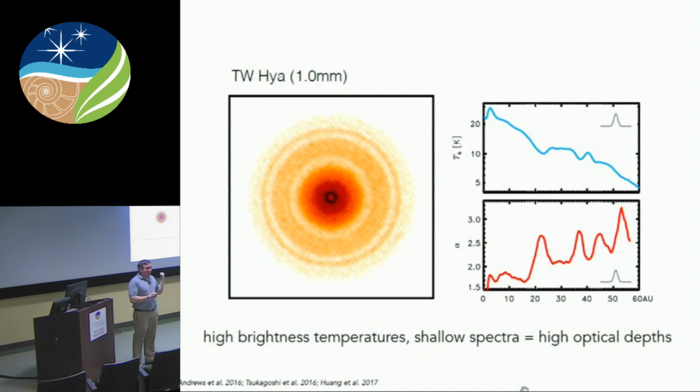But that is the nice thing about our sample for the large program, is that it's the one thing that I think we can test, because we have a diversity of host stars and therefore temperature profiles in these disks. You'd expect to see the same features, whether they're big or little enhancements or whatever, at the same separations, because you can measure the temperature profiles of these disks.